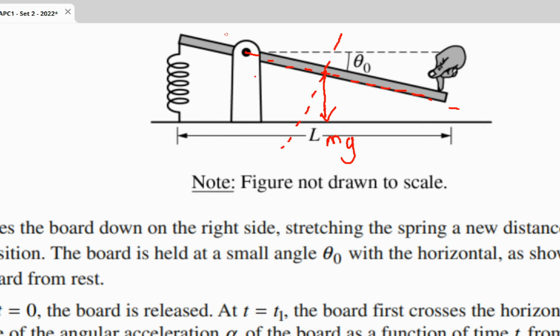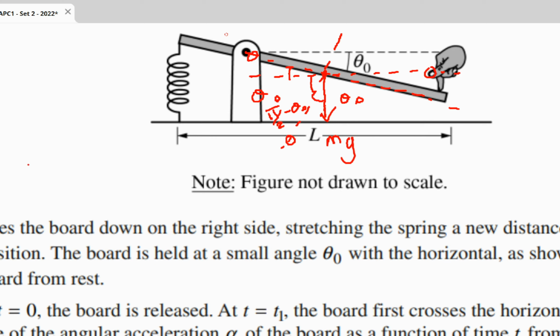Now if you consider another horizontal here passing through the point of application of the force, that would be the angle theta 0, because this is a horizontal and this is a horizontal. But notice that this is radial and this is tangential, so they are perpendicular. That would be pi by 2 minus theta 0. And because this is horizontal and this is vertical, again this is theta 0.